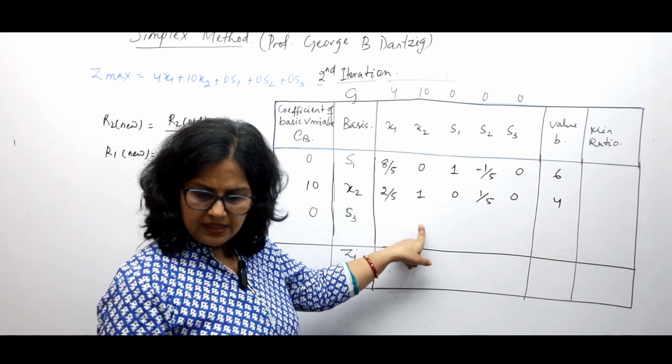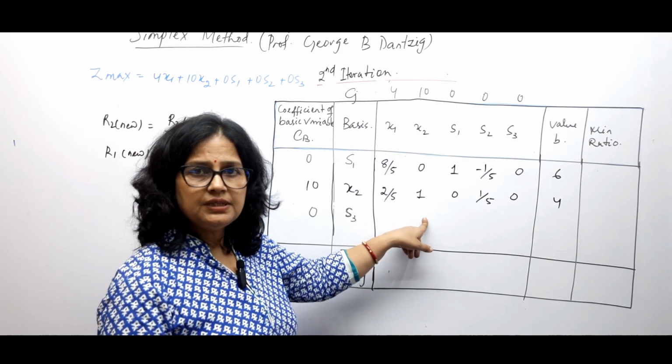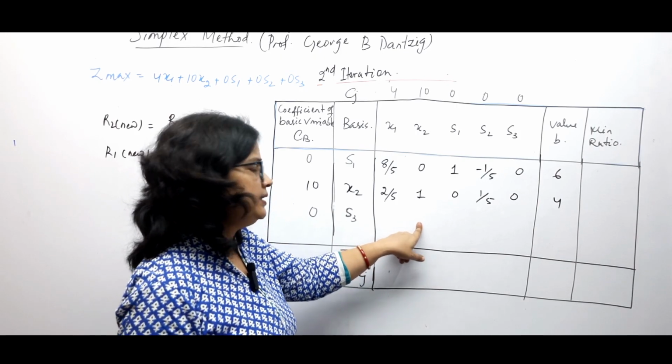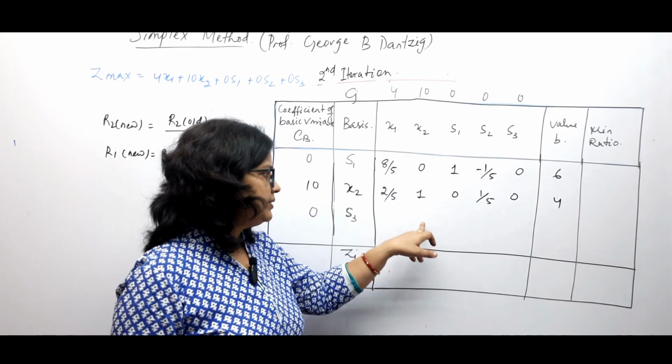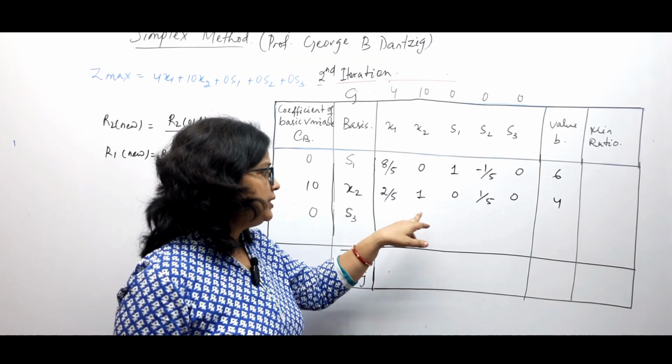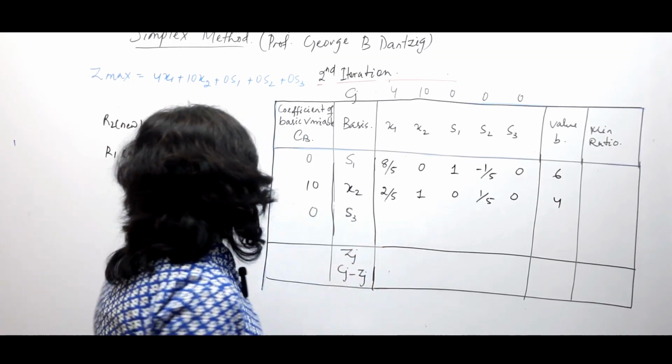So, if we see the table, we are having 3 here in our previous table. Please check the previous table that we are having the value 3 here. So, we need to make this 3 to 0. How we are going to make it?